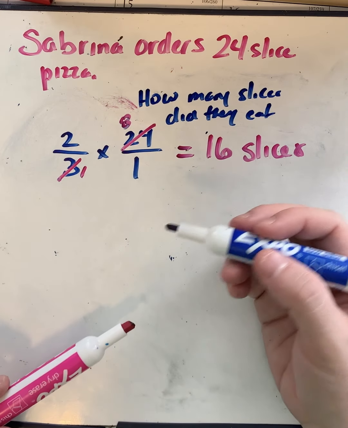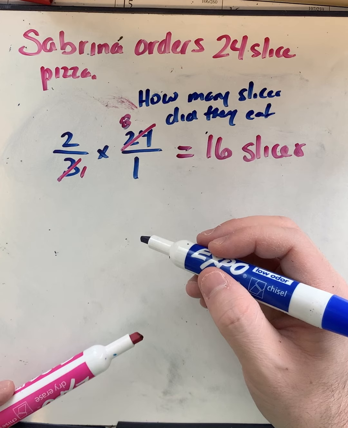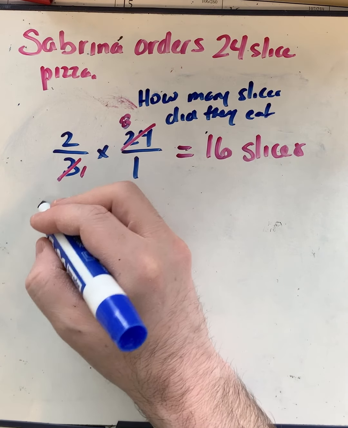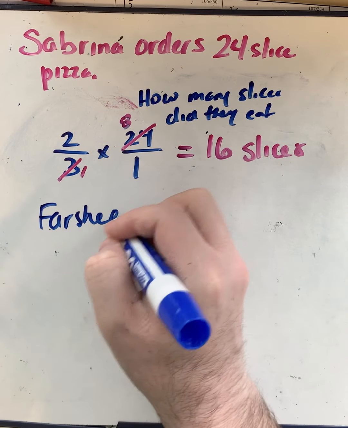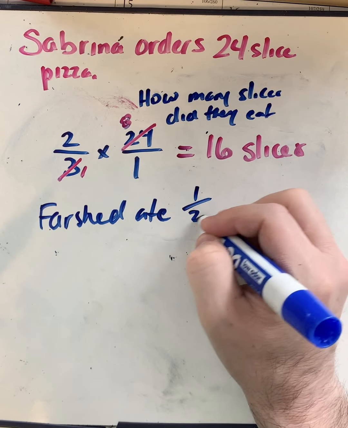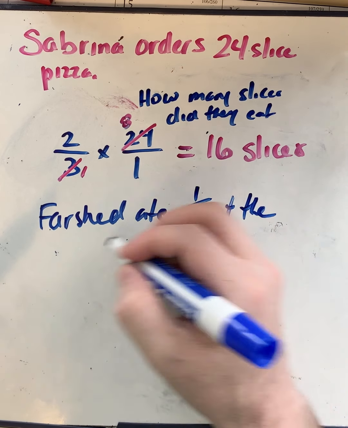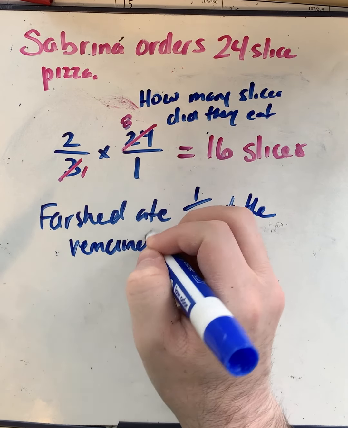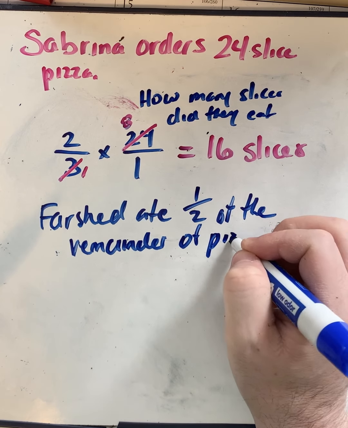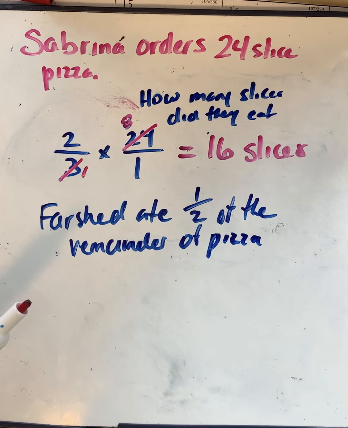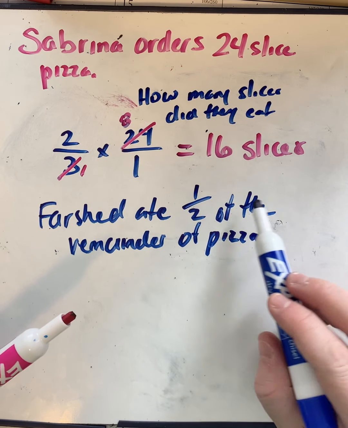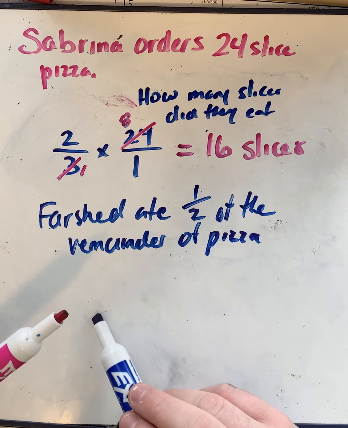But then Sabrina's brother, Farshad, came around and Farshad ate 1/2 of the remainder of the pizza. And I want to know how much that is. Okay? So where do you think people make a mistake? They take the 16 and they bring it down here.